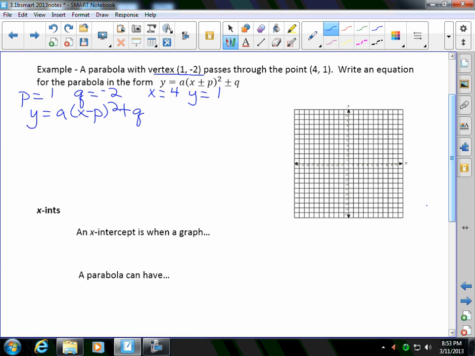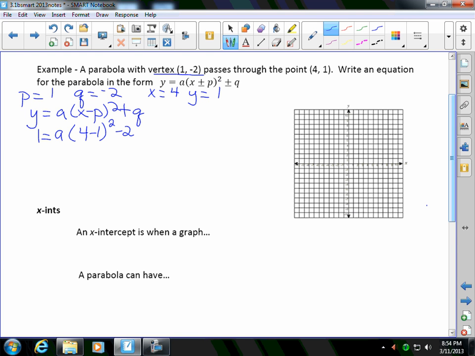So from here we know that our y value was 1. We don't have an a. They told us that x was 4. Now our p is 1, so to go back into the equation it has to be the opposite sign, so negative, and we square that, and our q was -2. So just use order of operations to solve for this.